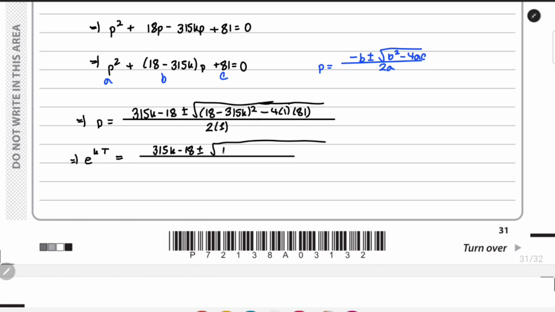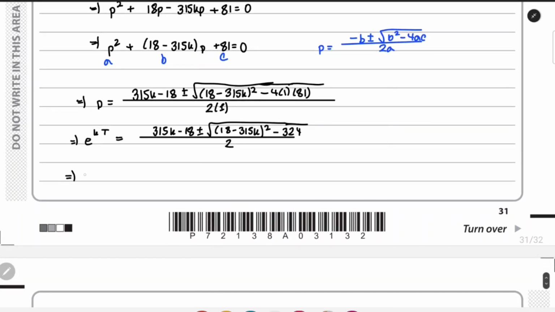You could do without that as well, so just keep it as it was. So 18 minus 315 times k whole square minus 4 into 81, which is 324, divided by 2. Now the value of t, or here the value of kt, will be found by taking the natural log on both sides.